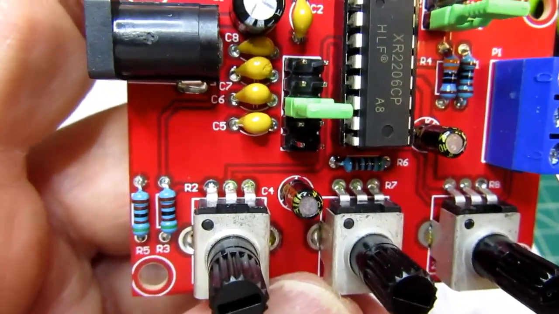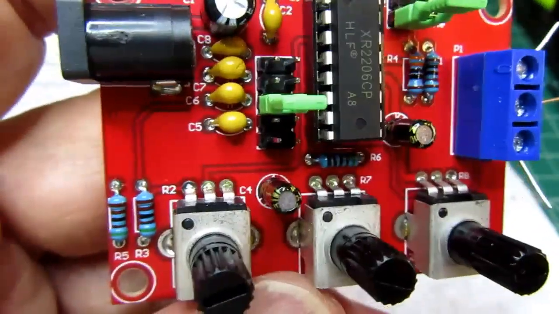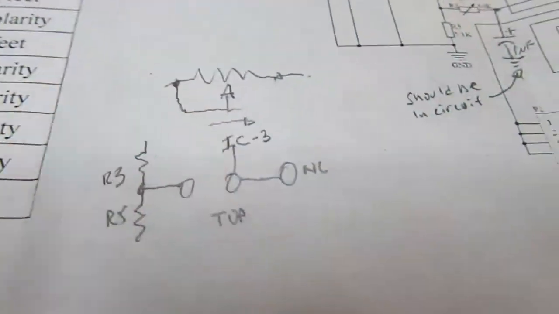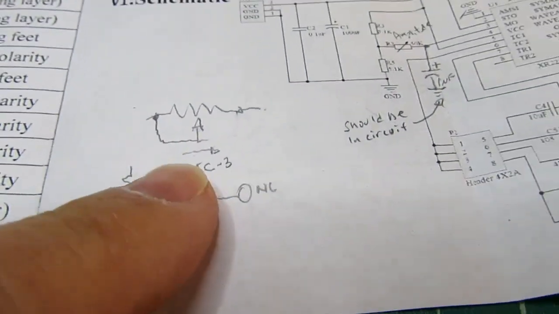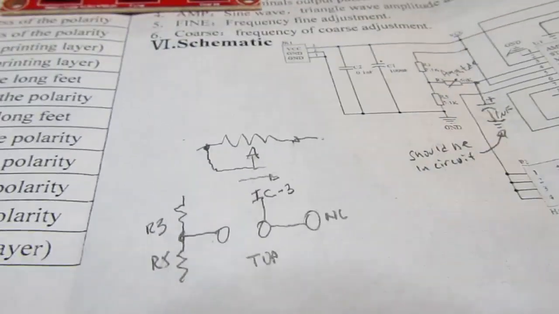Let's see, the wiper's correct. We just need to also connect the wiper to one end or the other of the element. The problem here comes because they didn't follow best practices when they laid out the circuit board.